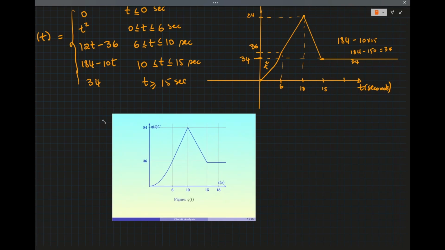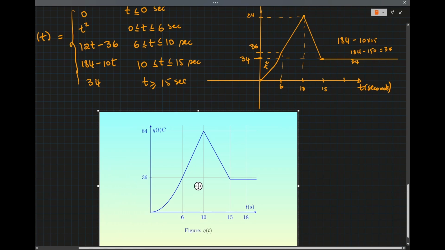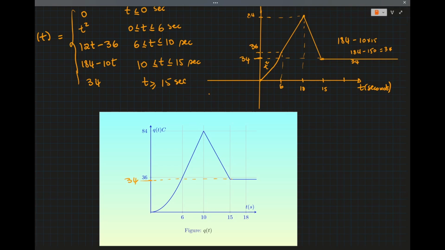Let me increase it so you can see. So that's what it is. Okay, so this point is 34. Okay, so thank you.